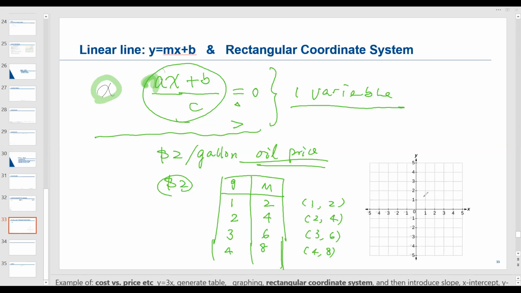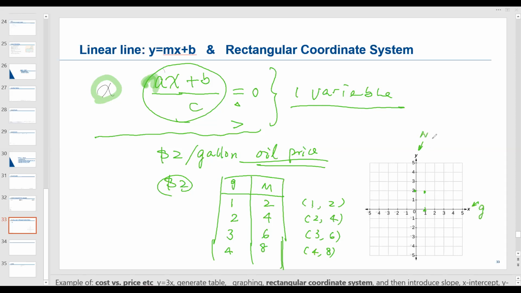Okay, so with 1 gallon, you pay $2. Just like you buy 1 gallon of oil and you pay $2. So Y means the money you pay. X means how many gallons you add, right?